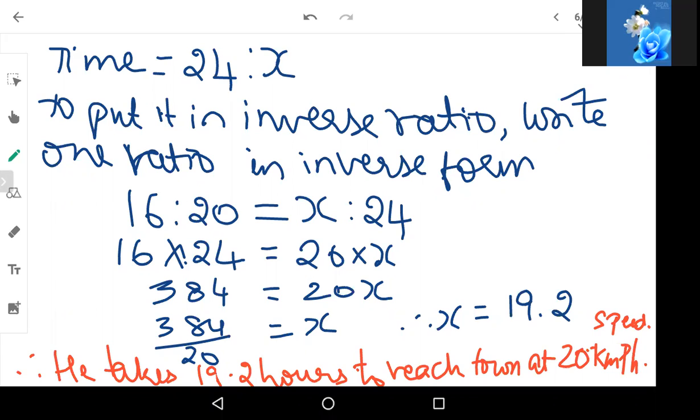Understood? Any doubts? Any doubts in this problem?